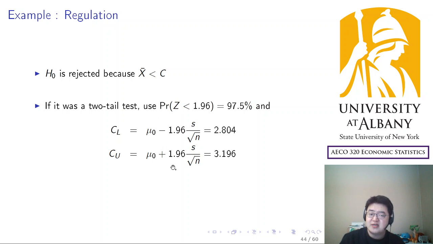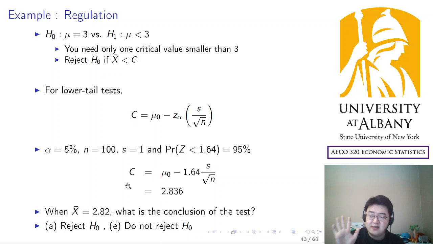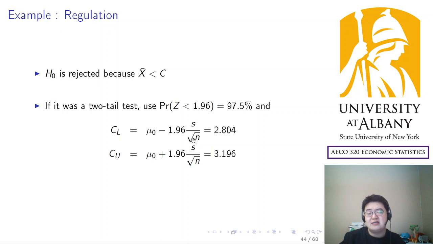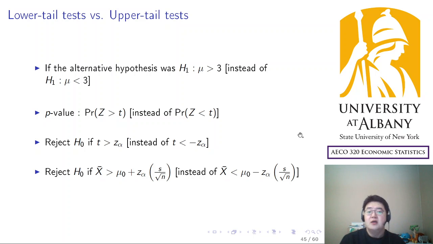You are rejecting 5%, but in one tail case, you make all the effort only on one tail. But in two tail case, you have to split your work into both sides. So yeah, you become a little more generous on one side, right? So this is a simple summary of the difference.